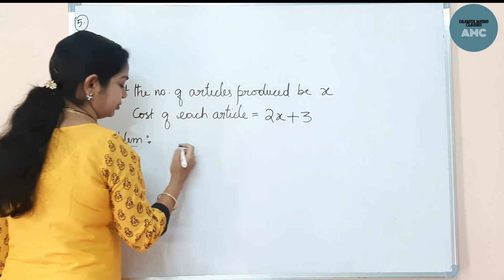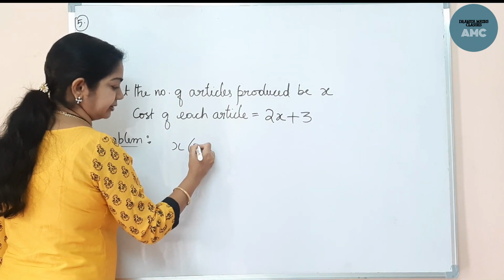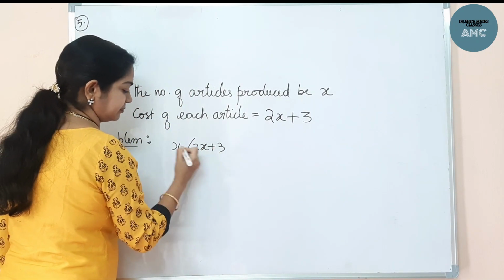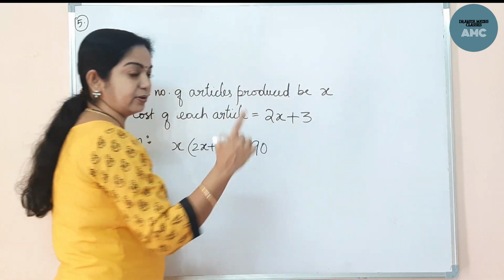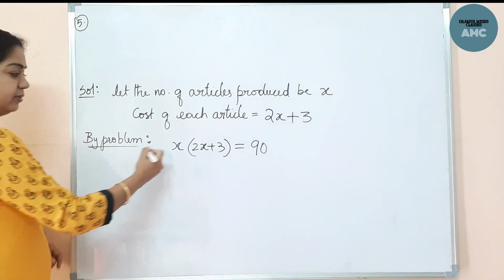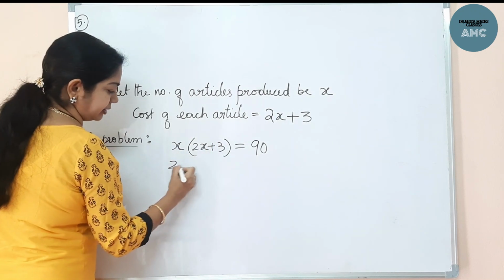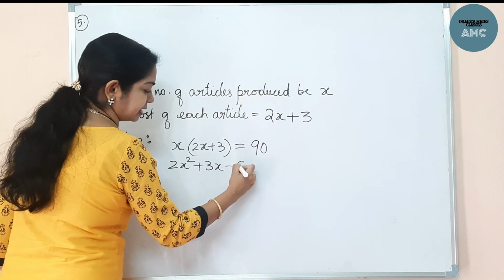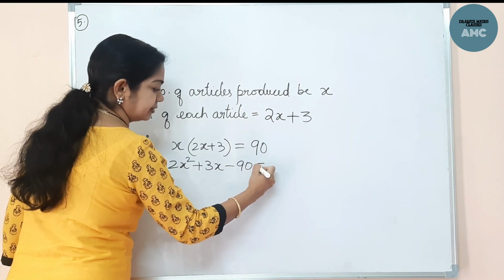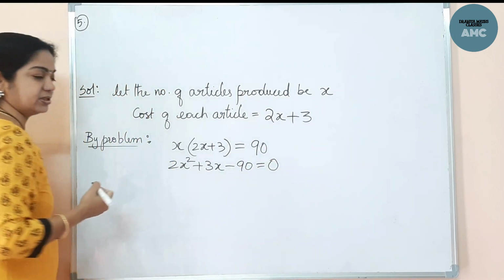That comes to the total, isn't it? x into 2x plus 3 equals 90, on one day, rupees 90. Now here we will open the bracket. It comes to 2x square plus 3x minus 90 equals 0. Bring 90 inside. So this is the equation.